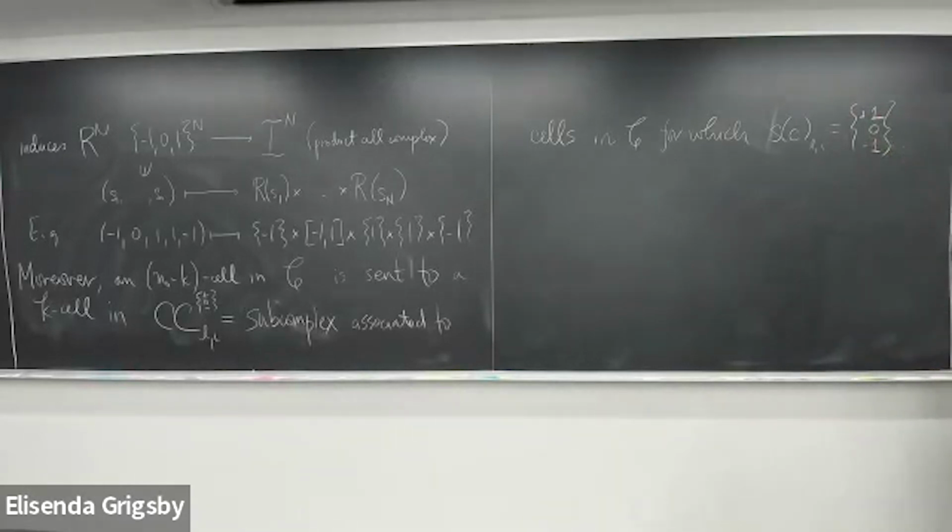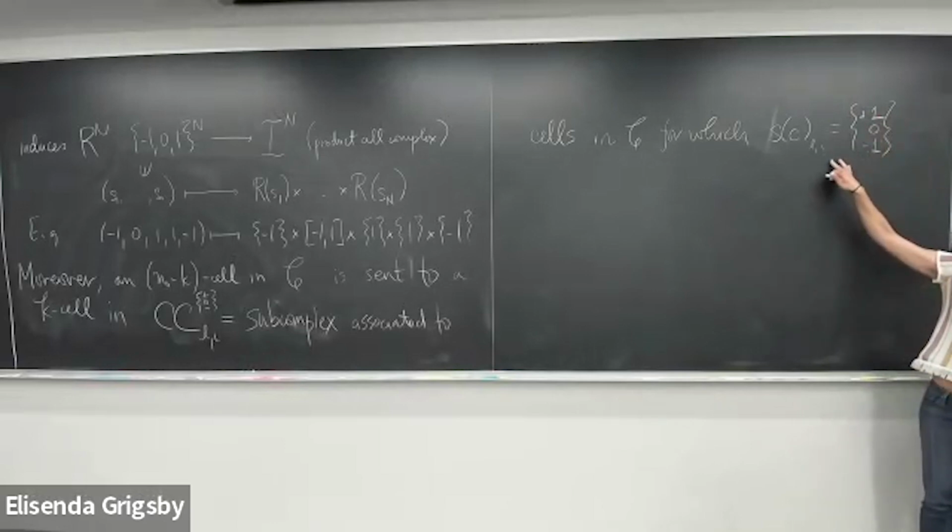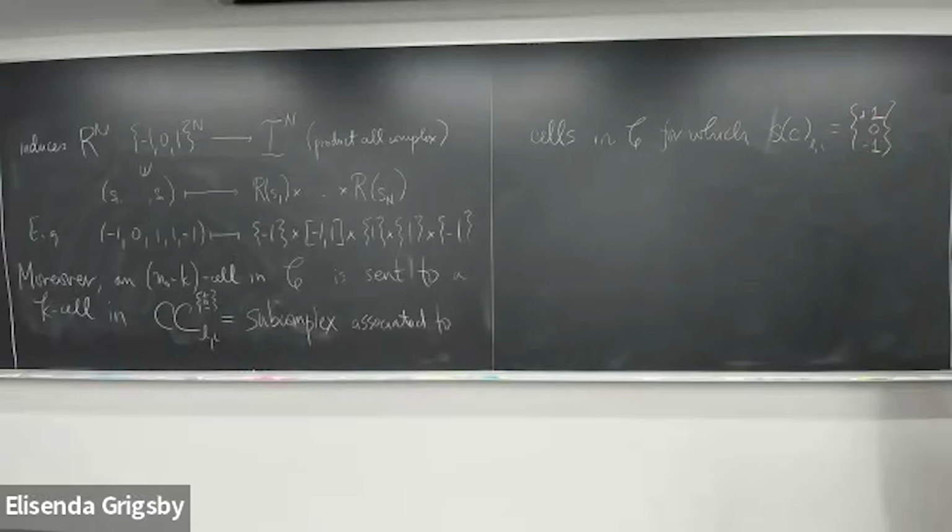Okay, so you have your coloring of your cells by these ternary labelings, and now you pick out the cells that have the ternary labeling +1 in this position, and that would define this subcomplex.